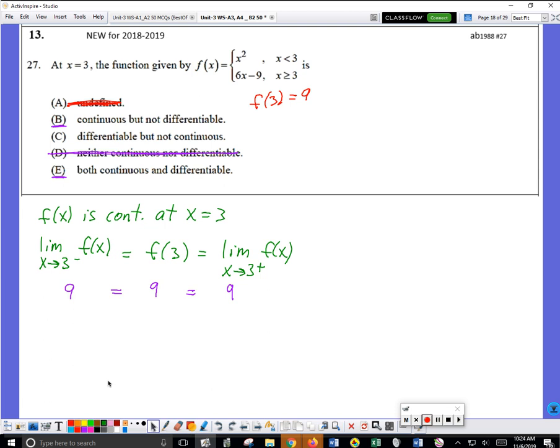The good news is it's really easy to memorize because it looks just like this, except that the definition is, okay, the function must first be continuous, and if f is differentiable at x equal 3, then first of all, f must be continuous.